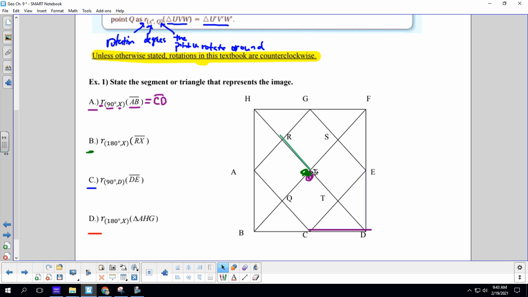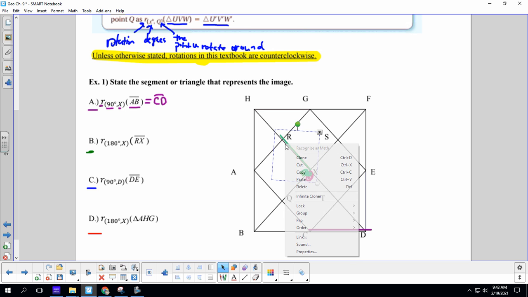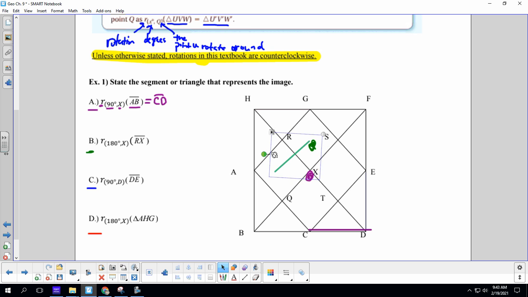We're going to rotate about point X, and we're going to rotate 180 degrees. So here is 90, here is 180. And let's line up our X. I can scooch it back just a little. So the line that we go 180 around becomes XT.